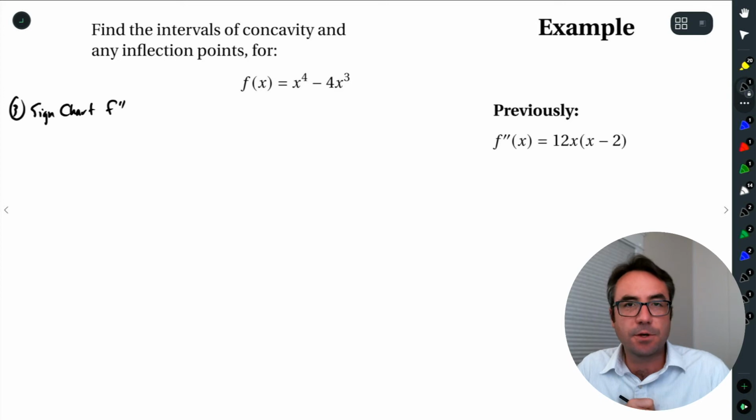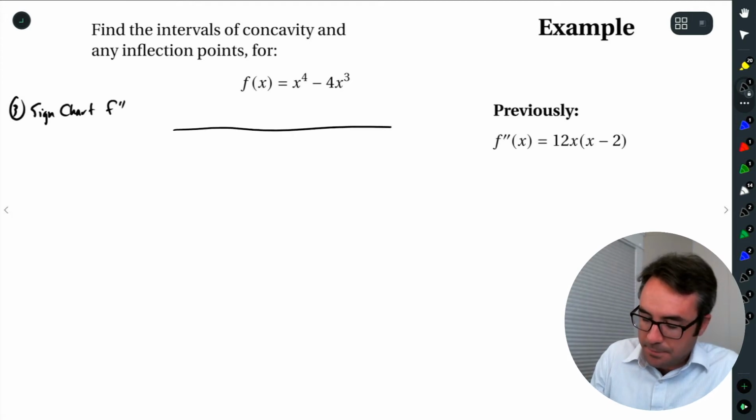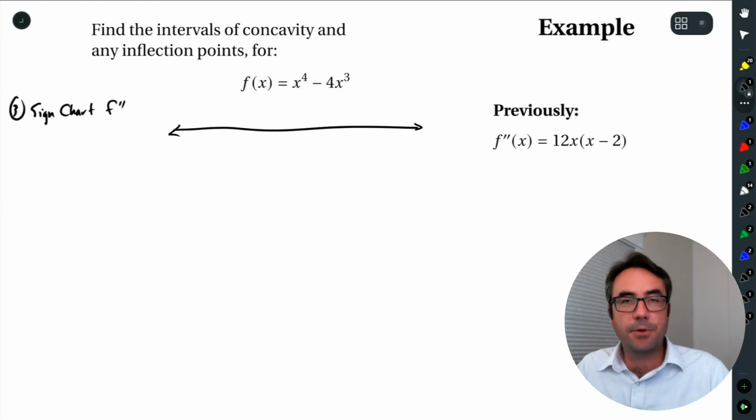All right, so how is this going to work? Well, those x values that we just found, 0 and 2, they really split up the domain of our original function into 3 different intervals. So we're going to draw our number line, and we're going to plot those x values.